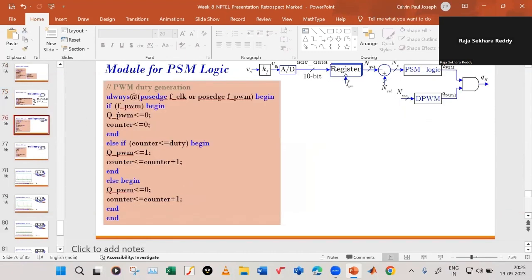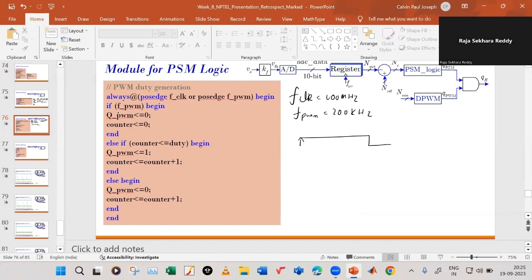So over here, at the positive edge of the F clock or at the positive edge of FPWM, if you remember, F clock is at 100 megahertz and FPWM is 200 kilohertz. When the clock comes and if FPWM is the start of the period, then I will set QPWM to be 0, I will set counter to be 0.